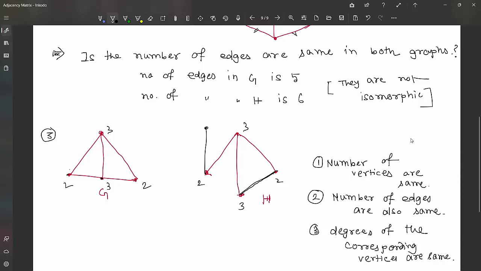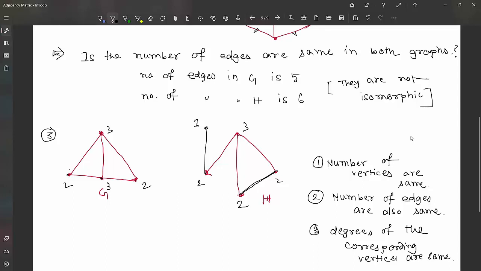That means the number of vertices is 4 in both cases, and the number of edges is 1, 2, 3, 4 and 5, also 5 in both graphs. But here this vertex has degree 3, this vertex has degree 2, this vertex has degree 2 and this vertex has degree 1. So this is the figure now, and you can see that the degrees of the corresponding vertices are now different for these two graphs.